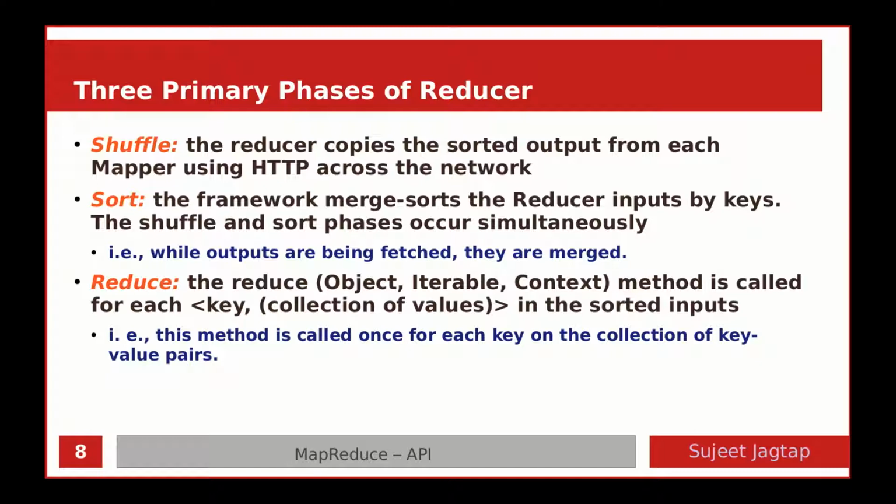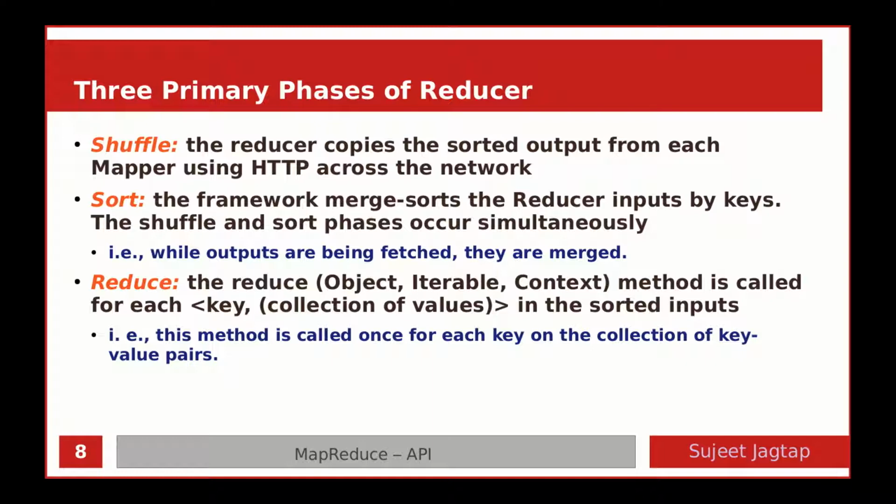As mentioned above, these are the three primary phases of the reducer class. The first one goes by the name of shuffle, where the reducer copies the sorted output from each mapper using HTTP across the network. Then we have the sort, where the framework merge sorts the reducer inputs by keys.